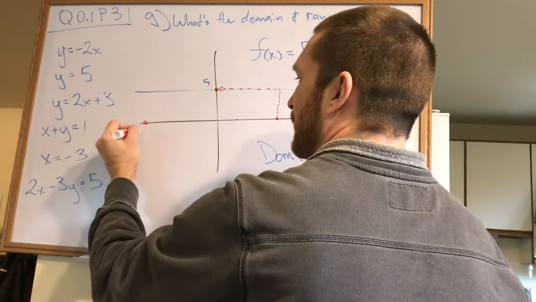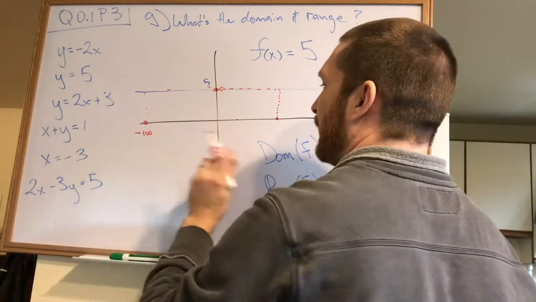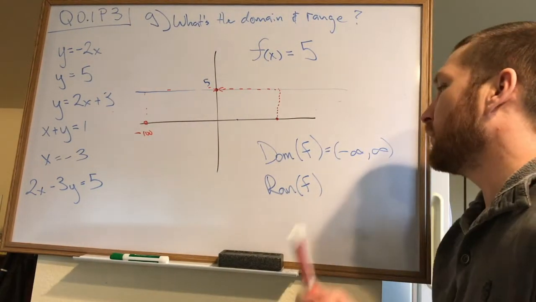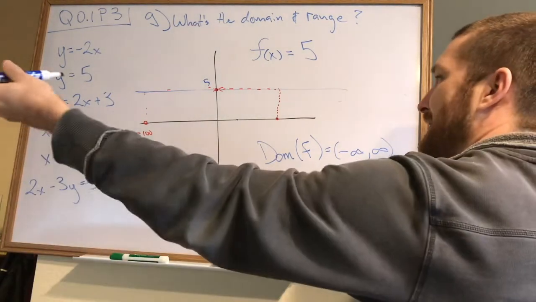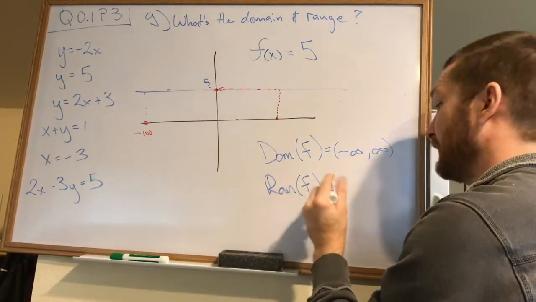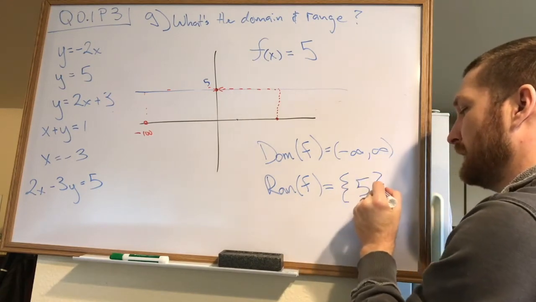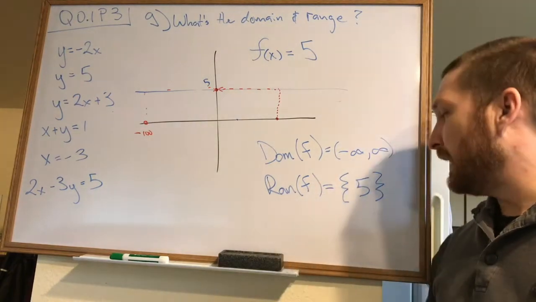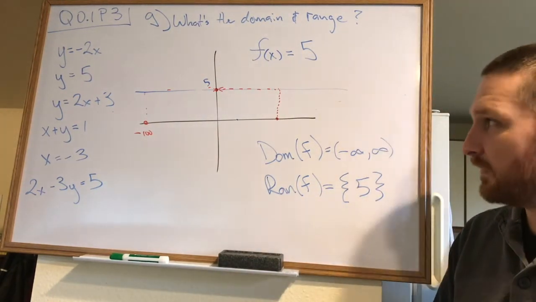The rule says if you come from -100, take it and go to 5, right? It's always 5 forever and for always. And so when we plug in the entire domain, the set of outputs that we get is simply the number 5. And we'll put that in brackets like this, or curly braces, whatever we want to call it. And we get that the range of f is the number 5.